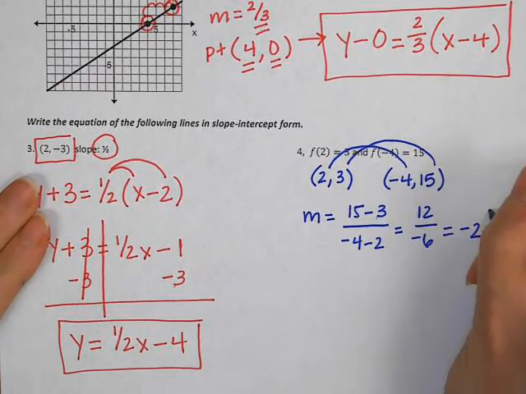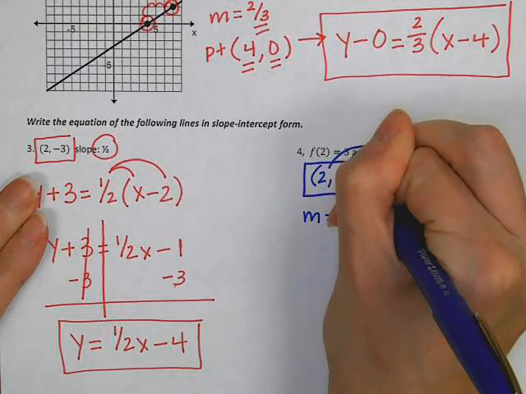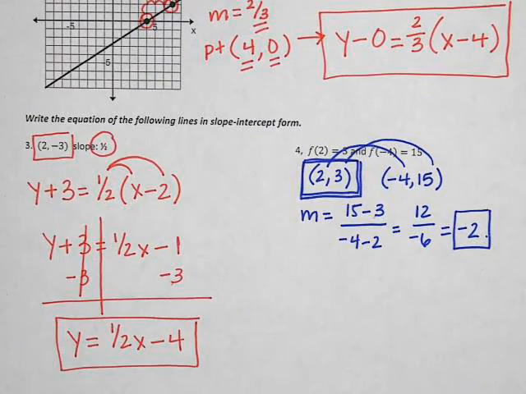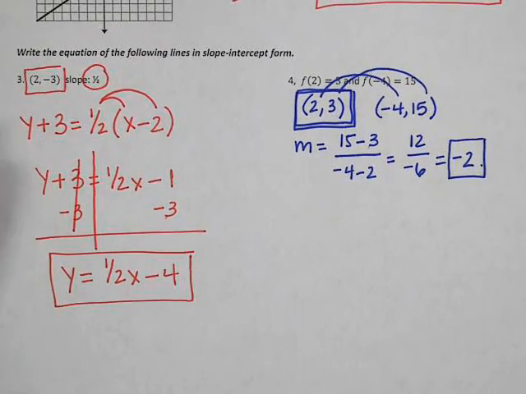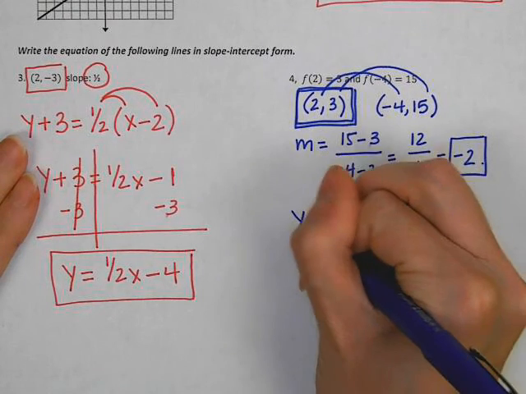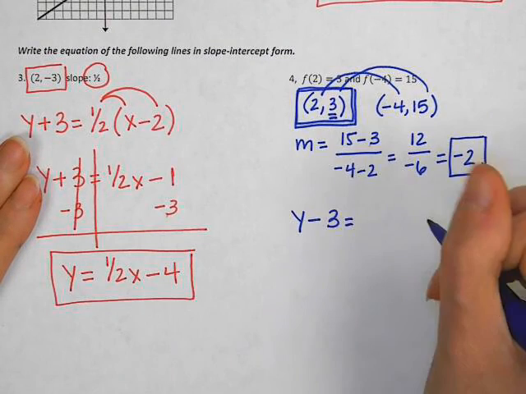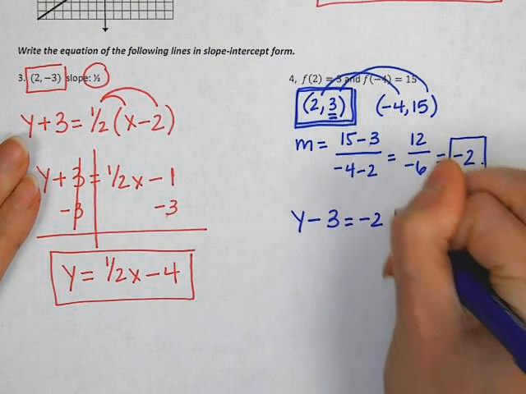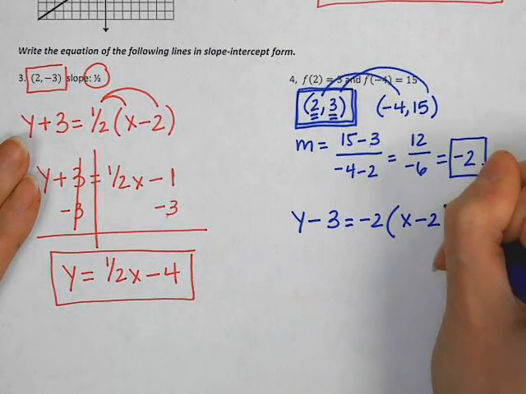All right, we have the slope, and we have a point, your choice, pick one of them. Now we're going to do point slope form and convert it to slope-intercept form. So point slope is y minus y1 equals m, which is negative 2, times x minus x1, x minus 2.